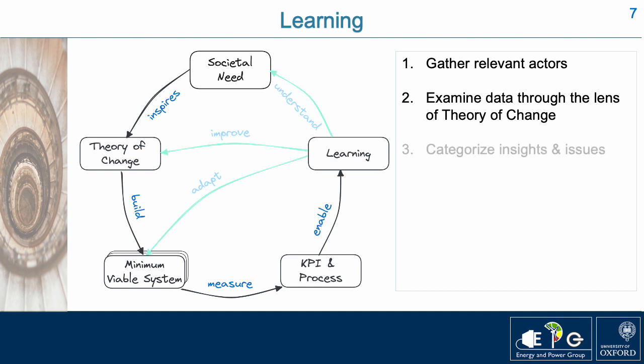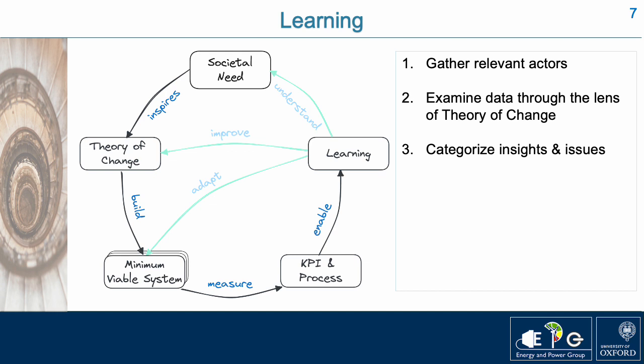Principle 3. List and categorize insights and issues, a taxonomy of understanding. The synthesis of gathered information leads to the categorization of insights and issues into three key dimensions: procedural, systemic, and fundamental. Procedural insights revolve around the operational aspects, identifying improvements or challenges in the processes of the MVS.